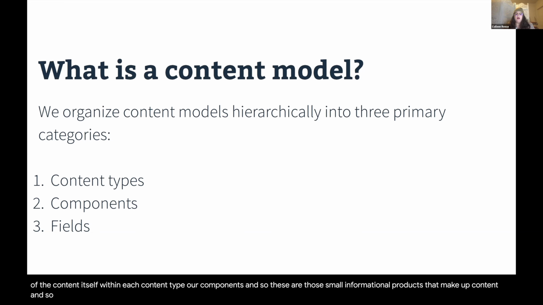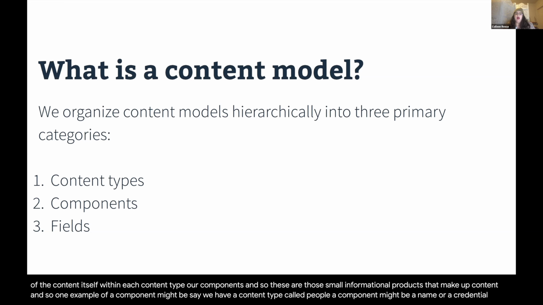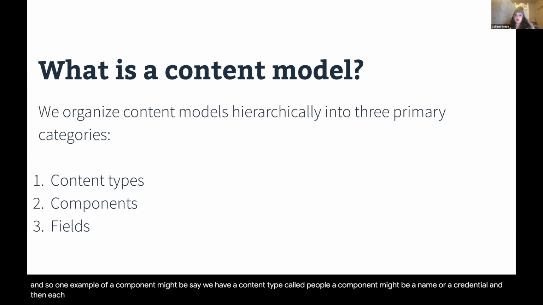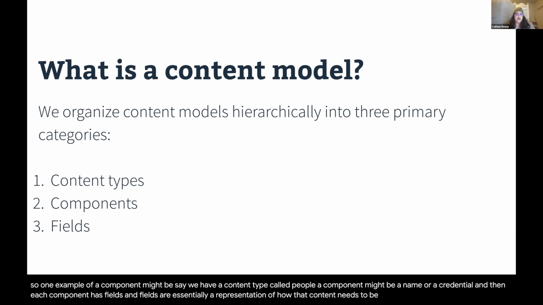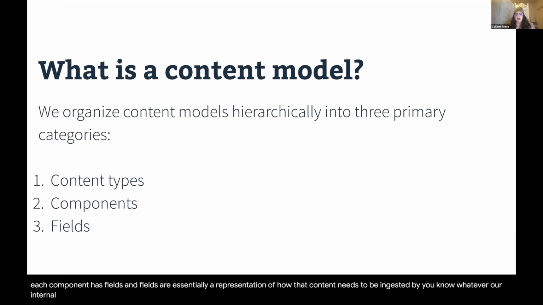And so one example of a component might be, say we have a content type called people. A component might be a name or a credential. And then each component has fields. And fields are essentially a representation of how that content needs to be ingested by whatever our internal distribution mechanisms are.